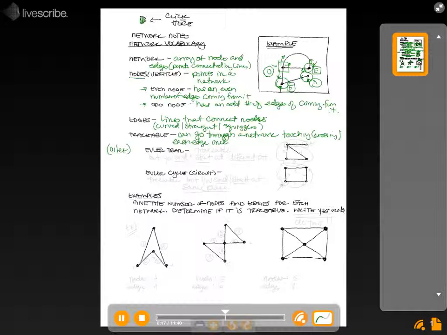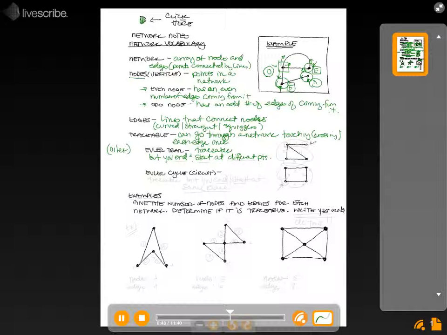Now, an Euler trail happens if it's traceable, but you end and start at different points. Okay? And I've given you an example over here. In this example, we have 4 nodes, 4 edges.